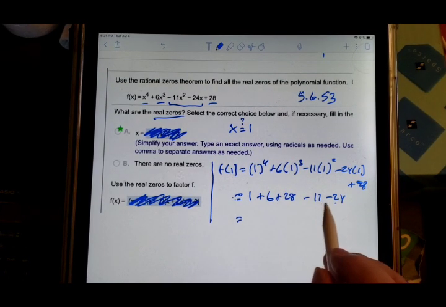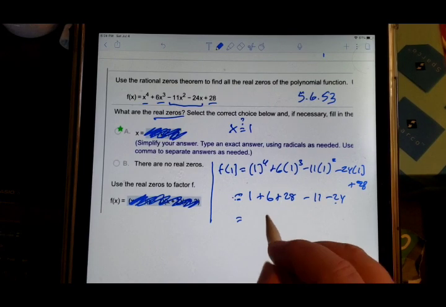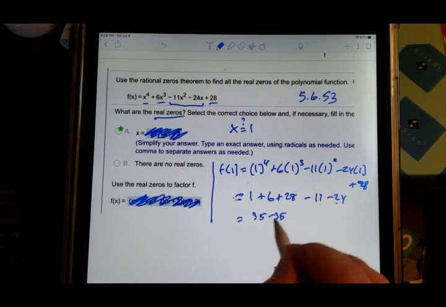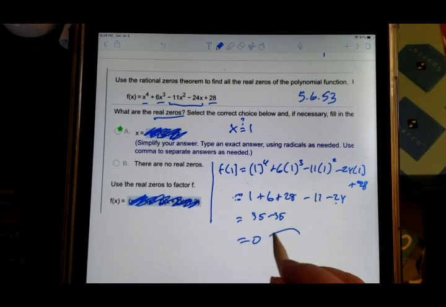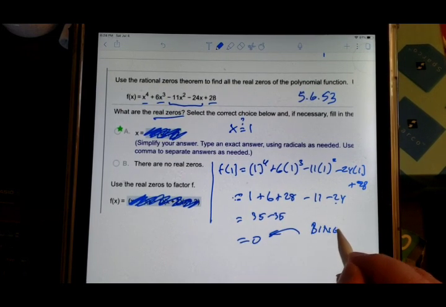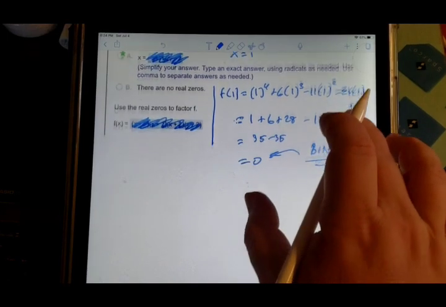I have 35 here, and I have 35 here. 35 minus 35, that's 0. Remember, I say bingo whenever I find a 0.